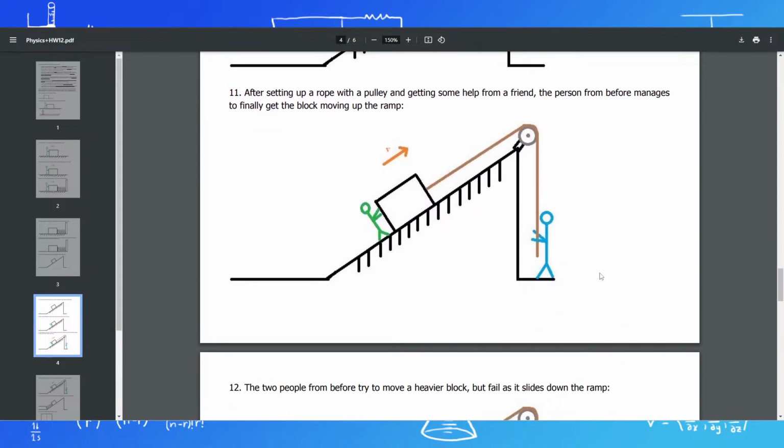Number 11, after setting up a rope with a pulley and getting some help from a friend, the person from before manages to finally get the block moving up the ramp. Finally, we have a problem that involves rope. Okay, and I still see the tick marks, so friction is still involved, but the object is moving, so it's not static friction anymore.